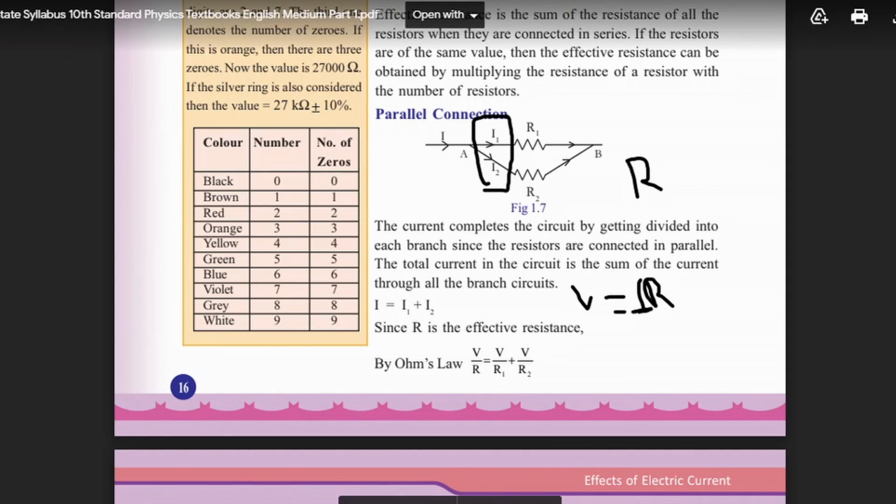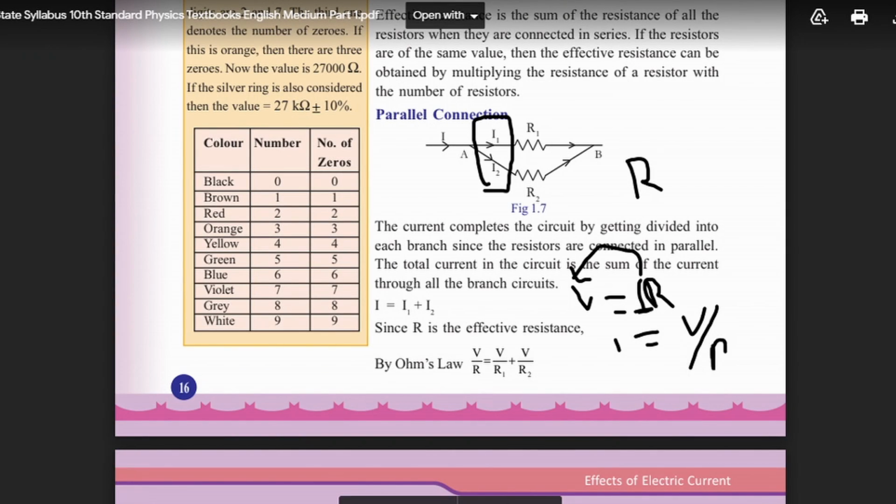Now we know I, so we have to take R to the other side. Here I and R are in multiplication. If you move it to the other side, multiplication changes into division. That means I equal to V by R, right?